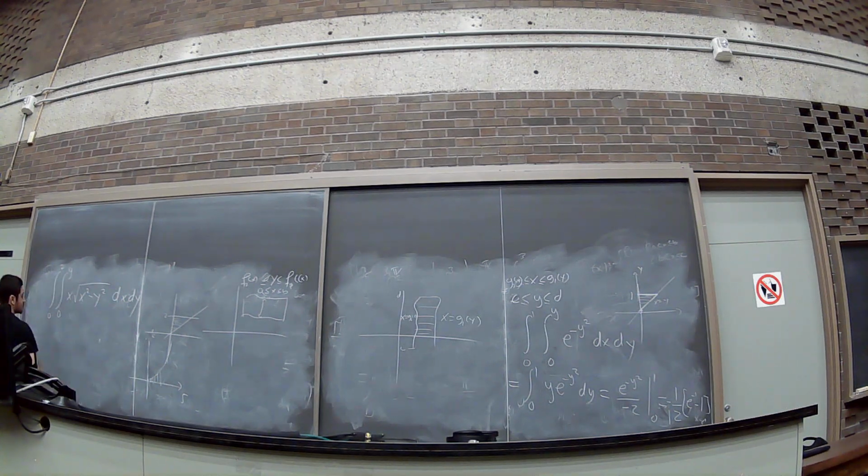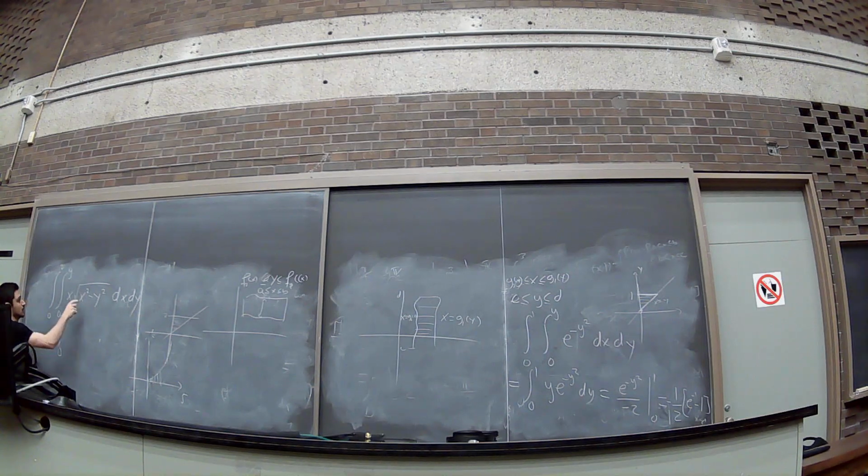Great. So how do I integrate this? To be integrated, you have x times the square root of x squared minus y squared.